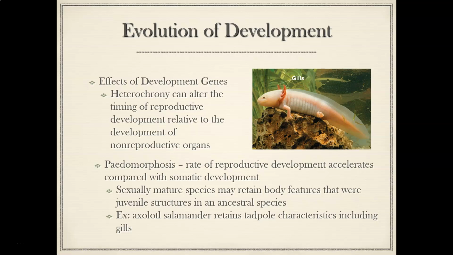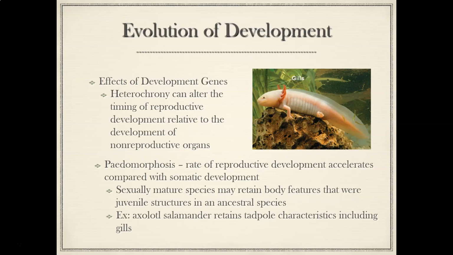And this is this idea of paedomorphosis. So this rate of reproductive development is actually accelerated as opposed to comparing that typical rate to the somatic cell development, the rest of their body development. And so although they're sexually mature, they retain these features of juveniles that we would have typically seen in their ancestral species.